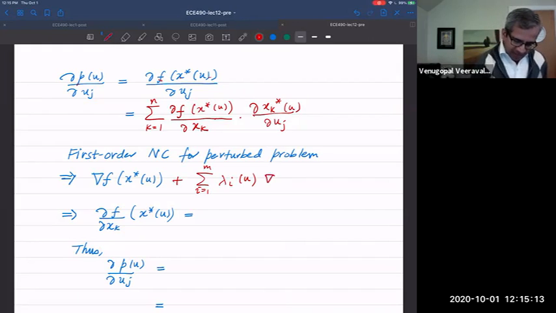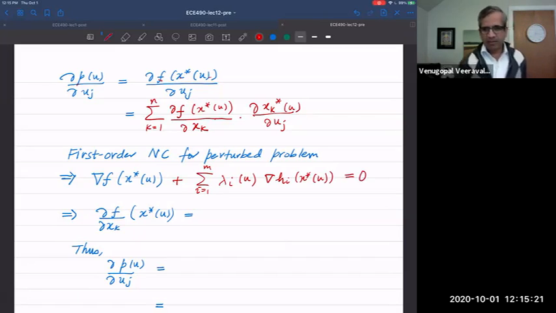So that times the gradient of h_i at x star of u is equal to 0. That's the first order necessary condition of the perturbed problem.